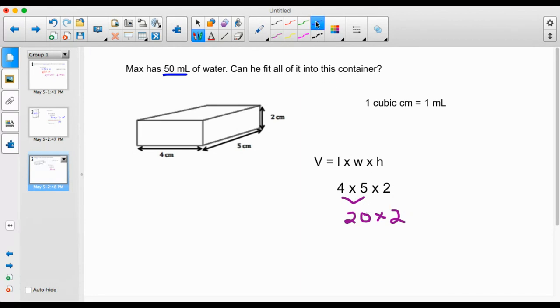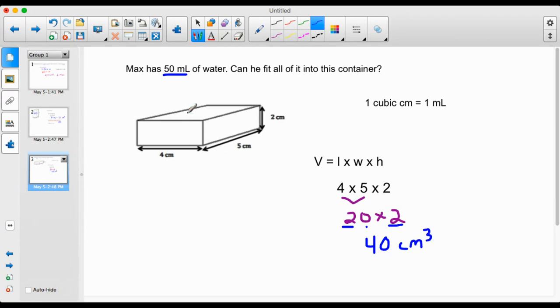This might look like a tougher problem, and you can always stack it up, but I can do our shortcut of 2 times 2 and then tack a 0 on the back. 2 times 2 is 4, and if I tack a 0 on the back, it would be 40. So the volume of this shape is 40 cubic centimeters.